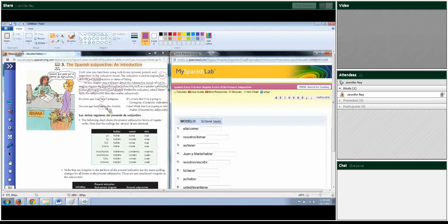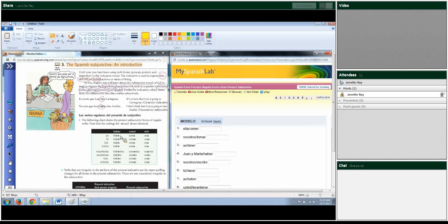And we're going to go over when you use the subjunctive, but what we're going to start off with first is how to form it. Forming it isn't that difficult. The following chart shows the present subjunctive forms of regular verbs.